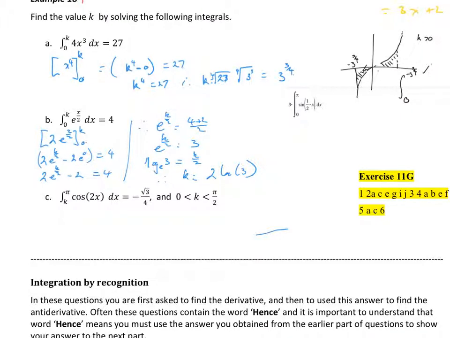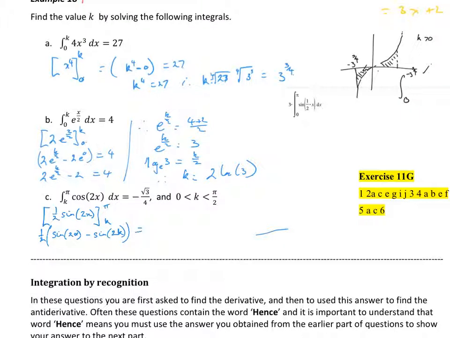Anti-differentiate, the antiderivative of cos is positive sine, cos 2x, 1 on 2, so we're going to end up with 1/2 positive sine 2x bound between pi and k. Substitute my endpoints in. 1/2, might leave the half out. Sine of 2 pi minus sine of 2k.